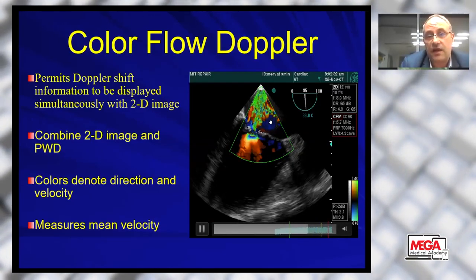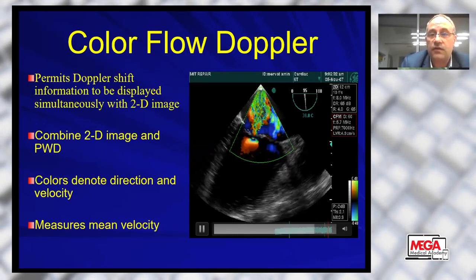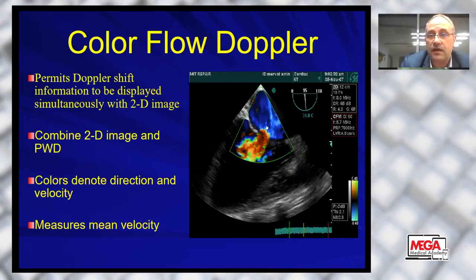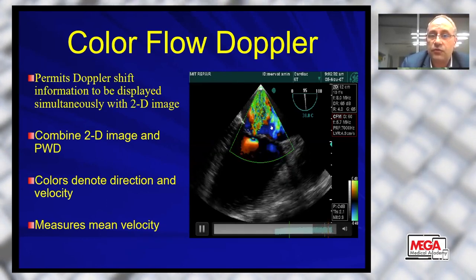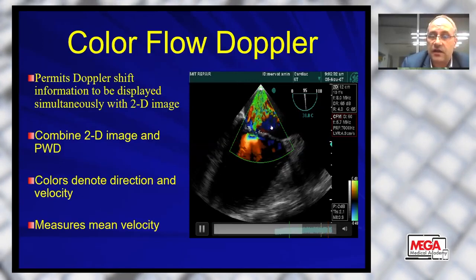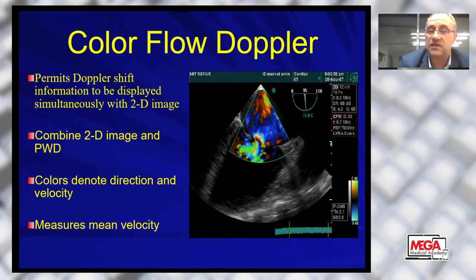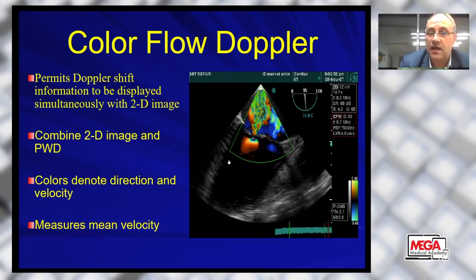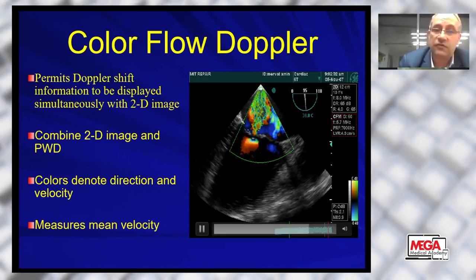I have blue color related to movement away from the transducer. So this blue flow indicates I have pulsed wave Doppler applied to the blood in this area inside this sector. The blue color is blood moving away from the transducer.